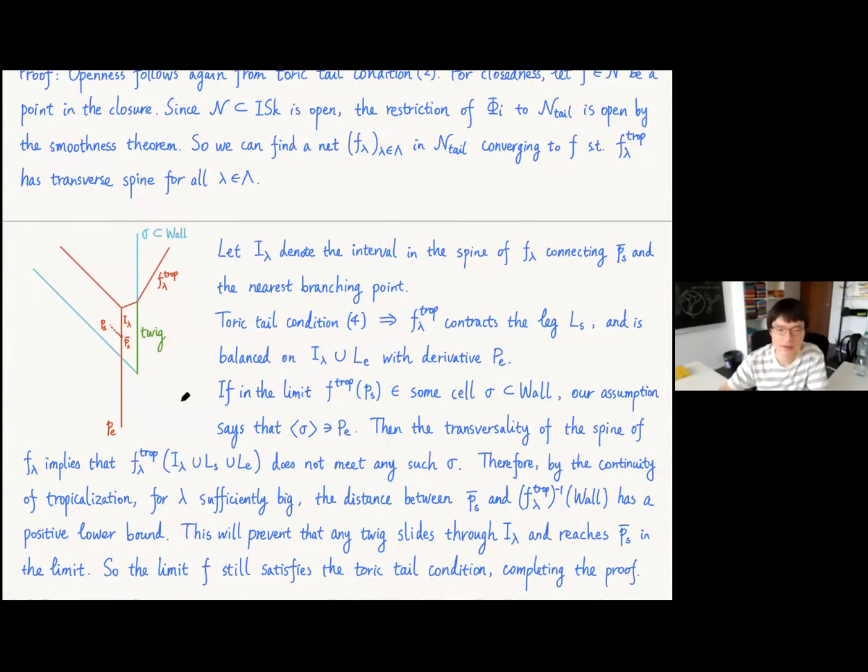So here the main idea is to have a lower bound between this path and the twigs. We want to prevent any twig from sliding into our path, so we try to find a lower bound of distance between them. And this is only possible if we restrict to skeletal curves.